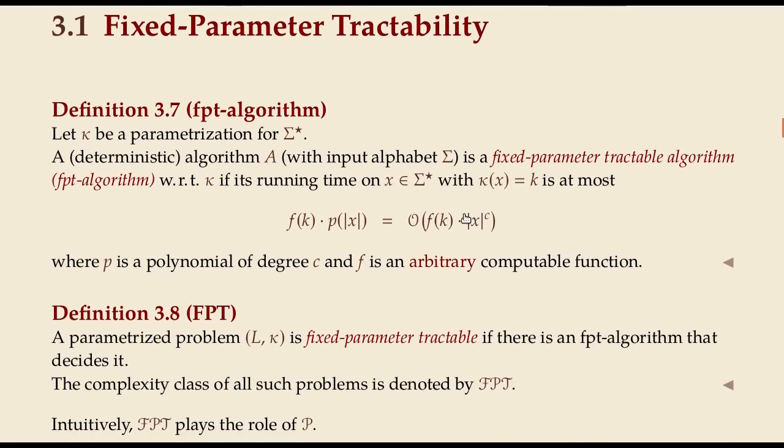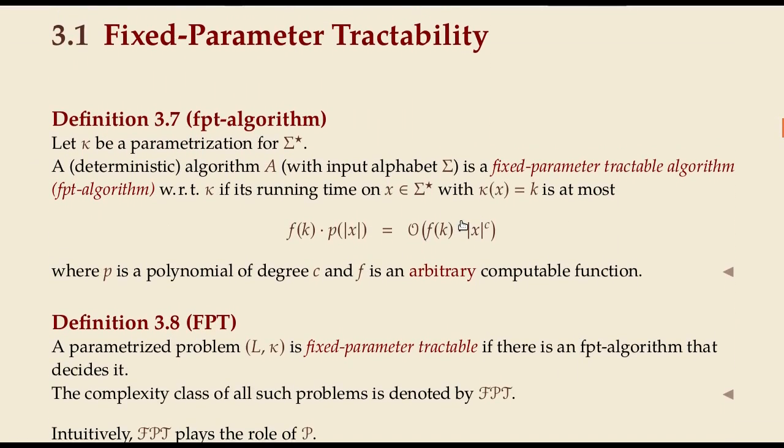So the definition looks like this. We define an algorithm is efficient with respect to a parameter, so fixed parameter tractable, if this algorithm A has a running time of this form. There's a polynomial in the input length times a function of the parameter.